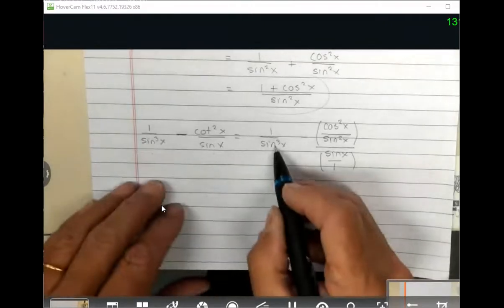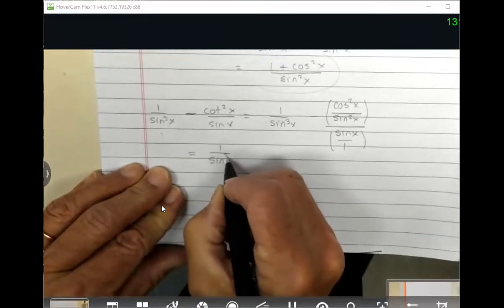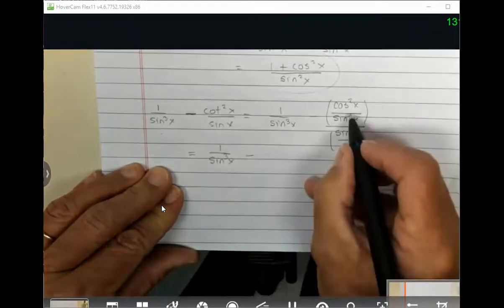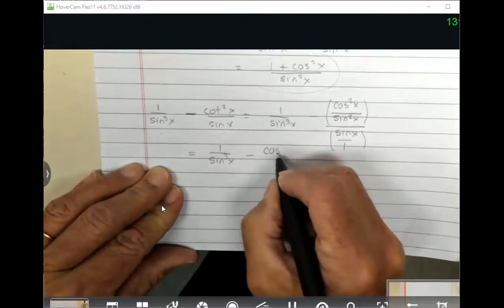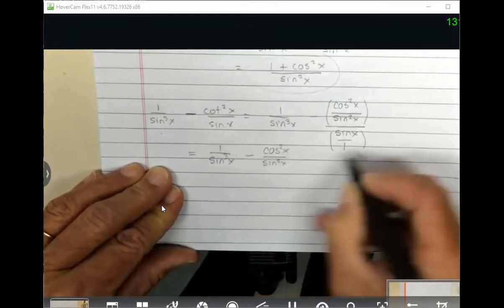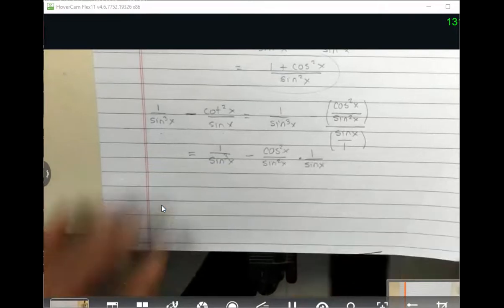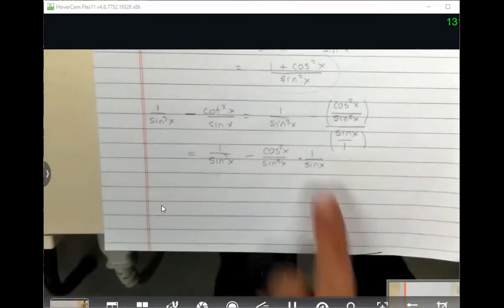Let's copy down this first term again. 1 over the sine cubed of x minus, now I'm going to copy the numerator down, cosine squared of x over sine squared of x. Flip that over and it becomes multiplied by 1 over the sine of x. And so that's going to give me the sine cubed.